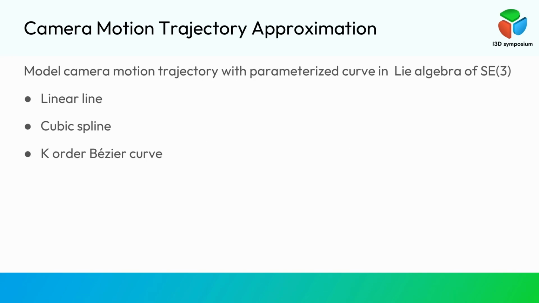Okay. So now that we have a series of clear images, we need to model the camera motion trajectory. Since the camera can move in an arbitrary but smooth trajectory during shutter time, they parameterize the camera pose in a Lie group and approximate the camera trajectory with a linear, cubic spline, or K-order Bezier curve.